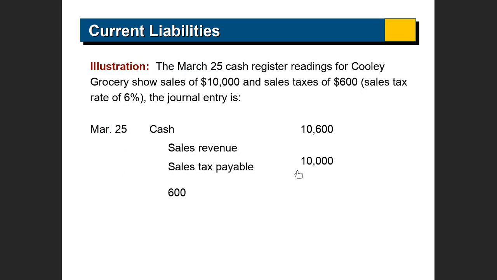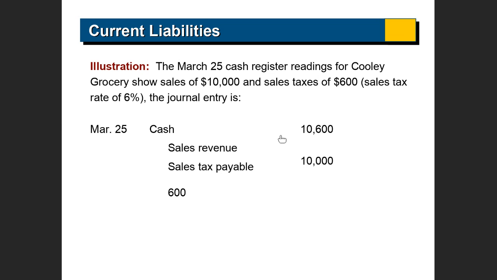So here's an illustration, an example. The March 25th cash register reading for this grocery shows sales of 10,000 and sales tax of 600. The journal entry would be, you see, the debit is for the whole amount, 10,600, because the company is getting that money. 10,000 is sales revenue and 600 is reported as sales tax payable.